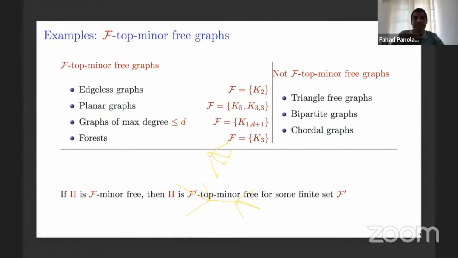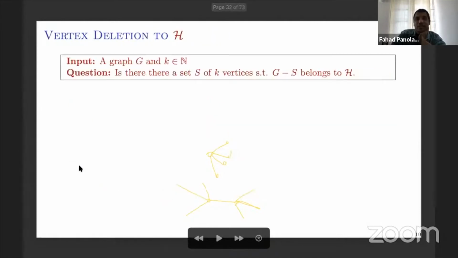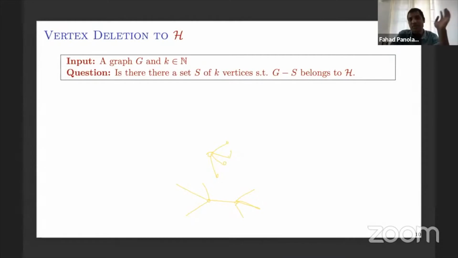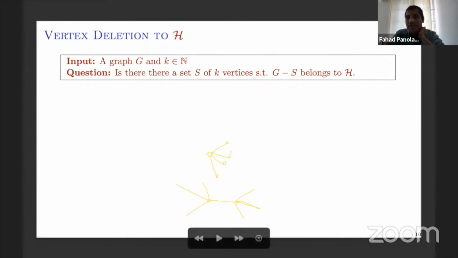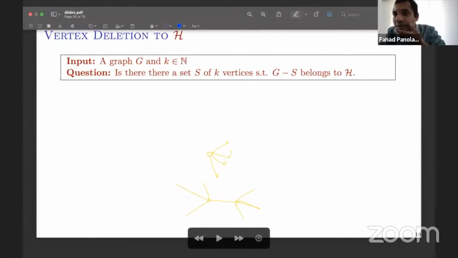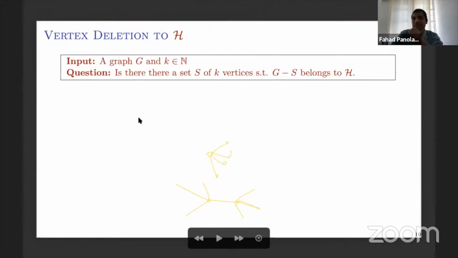So that graph class is even more general compared with F minor free. Okay, so this is what I wanted to say about graph classes. Now we will define some problems, vertex deletion and vertex elimination problems, and then we will state some results, and hopefully we will give some proof sketch of some of the results.